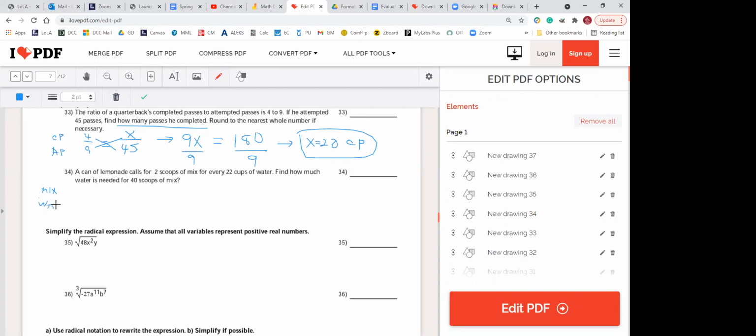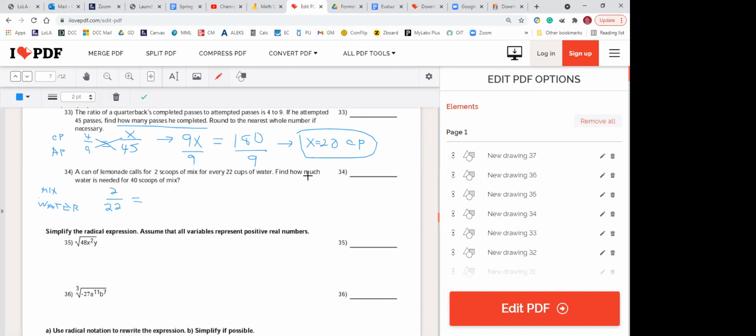So we got to follow that same pattern all the way across. So 2 scoops of mix for every 22 cups of water. So that's a ratio.